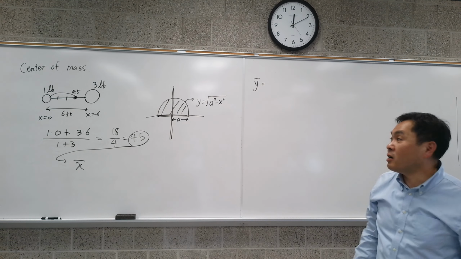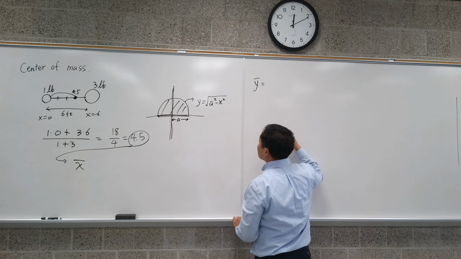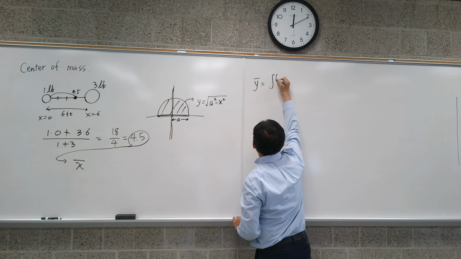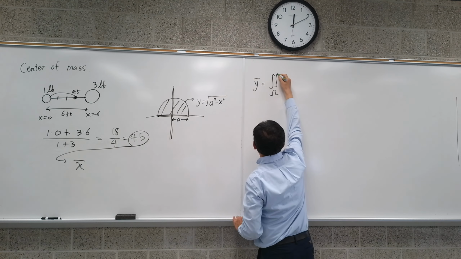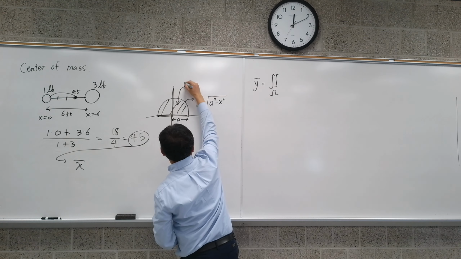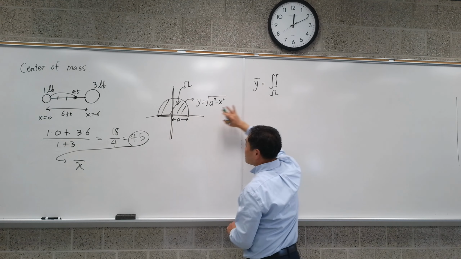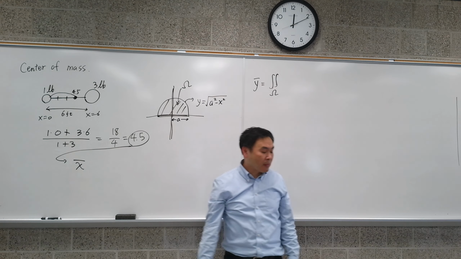And y bar has to do with the integral over this domain. I'm going to call this domain omega. Over this omega, I'm putting a double integral because it's a two-dimensional entity.